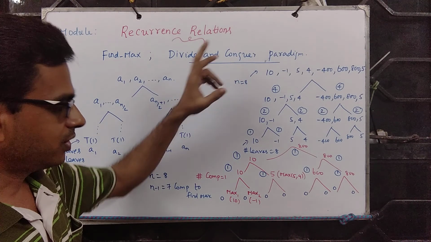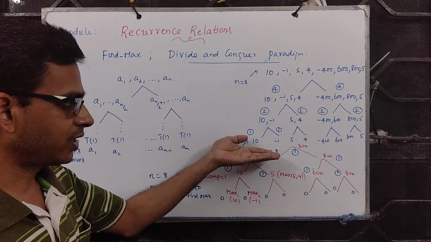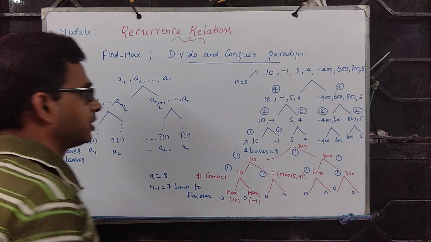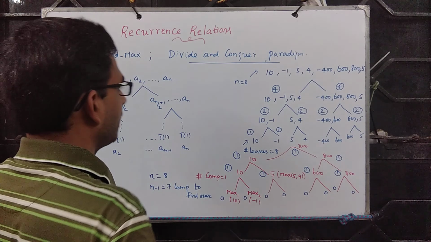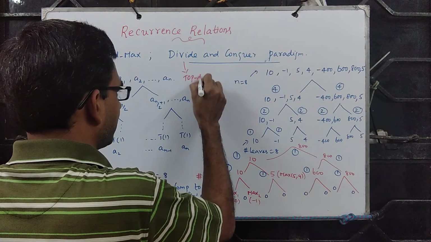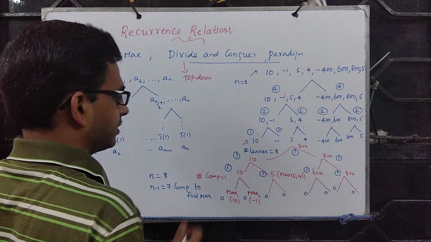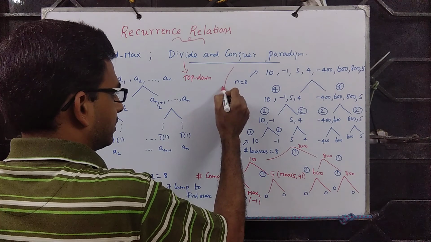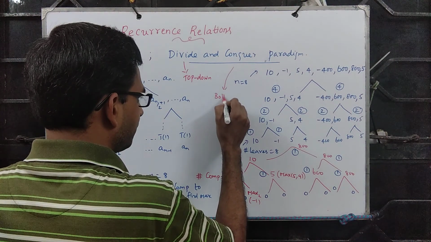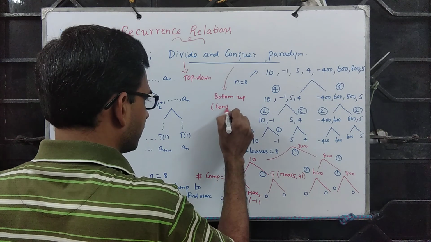What do you mean by conquer? The conquer part is building the solution from bottom up. So divide is top down: keep dividing the input array into two equal sized sub-arrays. Conquer is bottom up. That's where you construct the solution.